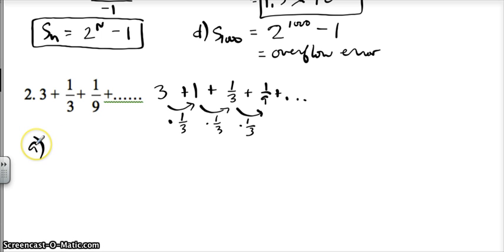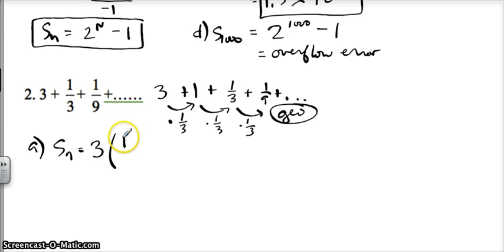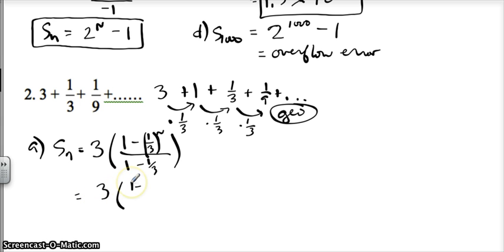Okay, so let's repeat the same procedure. We first need to find S sub n, our most general sum. Since it's multiplying by 1/3, we know this is a geometric series. So, geometric series calls for our first term, 3, times 1 minus our ratio, 1/3, to the n power, and then that is going to be over 1 minus 1/3. 1 minus 1/3 is going to give us 2/3.